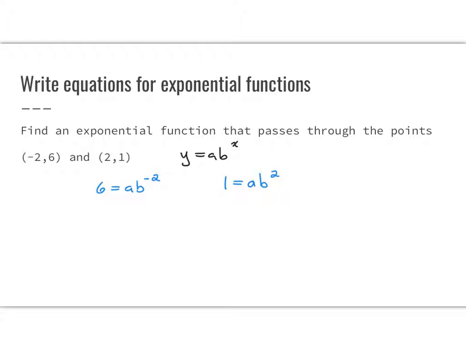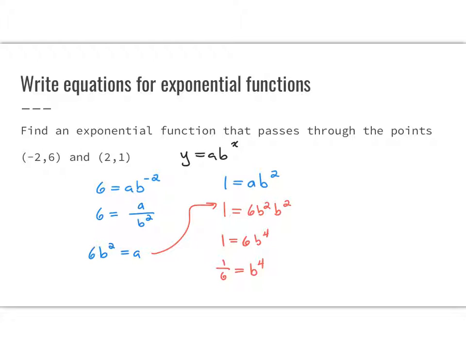So we've got this. Remembering that this is 1 over b squared, right? So this is really 6 equals a over b squared, so then 6b squared is a, which allows us to say 1 equals 6b squared times b squared, so 1 is 6b to the 4th, so then 1/6 is b to the 4th, and then similar to the last problem, what we end up with is b is the 4th root of 1/6, which is roughly 0.6389.